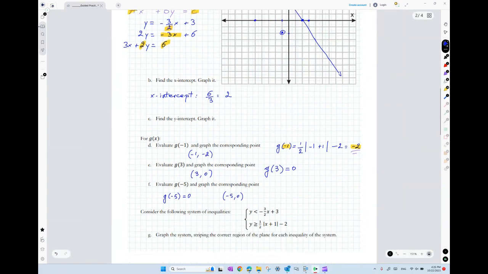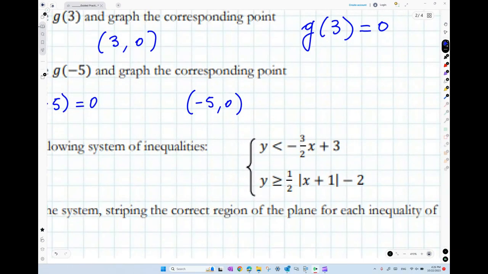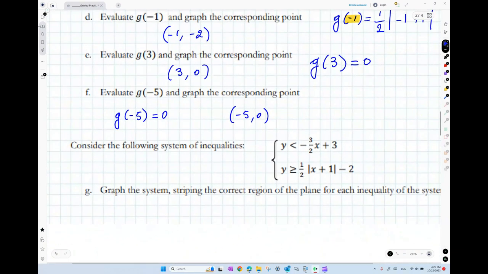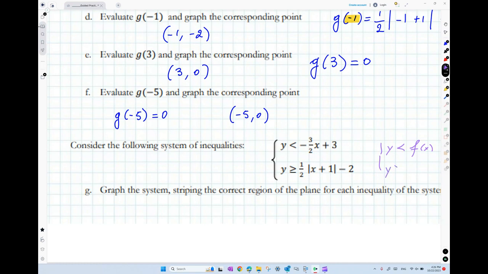So if I consider this system of inequalities, I could have very well asked you to graph y less than f of x and y greater than or equal to g of x. It would have been the exact same thing. So graph the system.